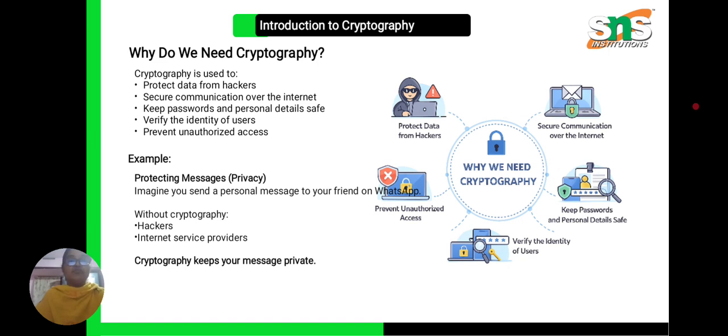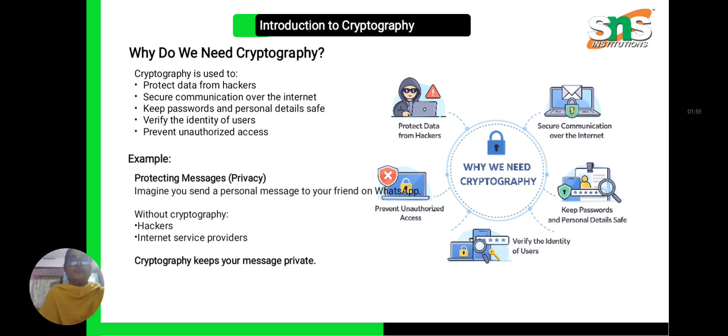In this slide, we are going to see the need to use cryptography. We need cryptography because today most communication happens over the internet. Cryptography protects data from hackers, secures online communication, keeps passwords safe, and verifies user identity. Without cryptography, online systems would not be secure at all.